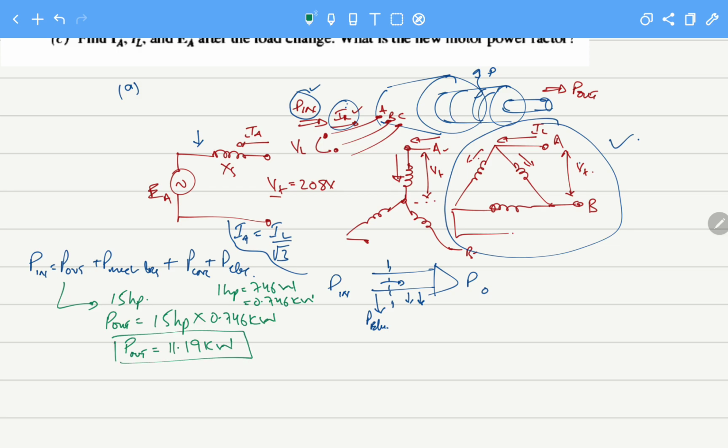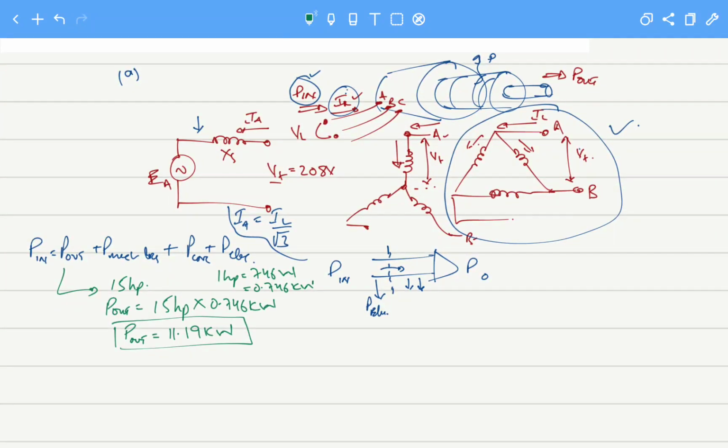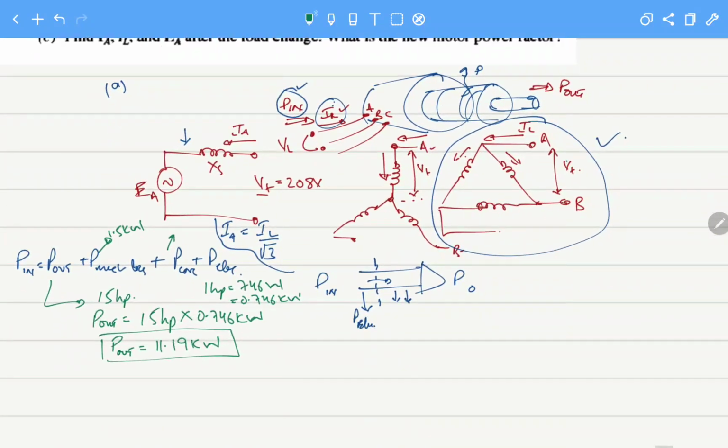Now let's look at the mechanical losses. They have given us the mechanical losses are 1.5 kilowatts. What about the core losses? They have also given us, it is 1 kilowatt. And we have no electrical losses as RA, armature resistance, is negligible and 0.